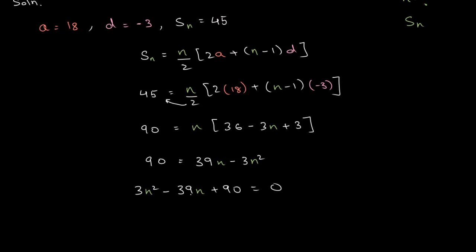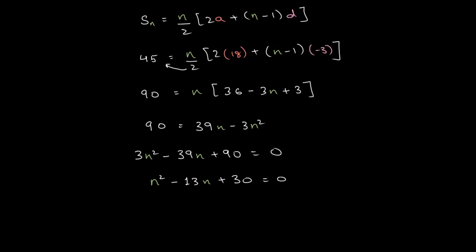If you see, we have a 3, 39, and 90 here, all of them multiples of 3. So let's divide this entire equation by 3. On doing so, I get my quadratic equation as n square minus 39 upon 3 is 13, n plus 90, sorry, plus 30 is equal to 0.